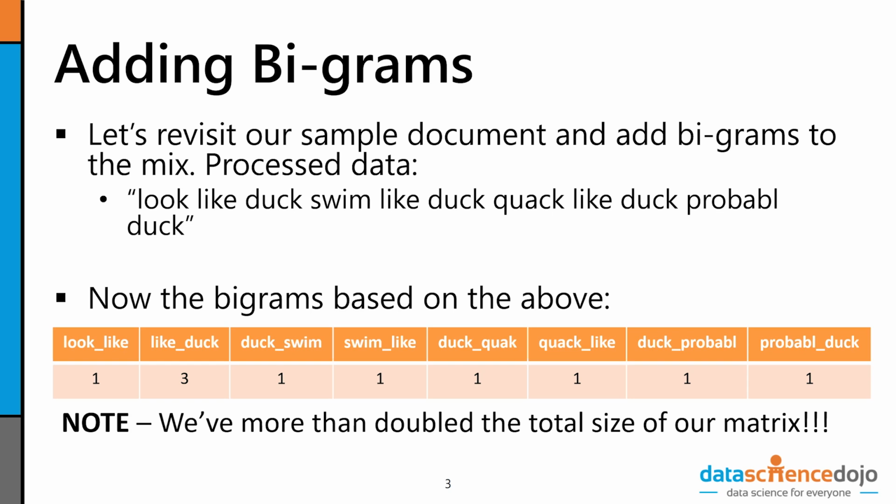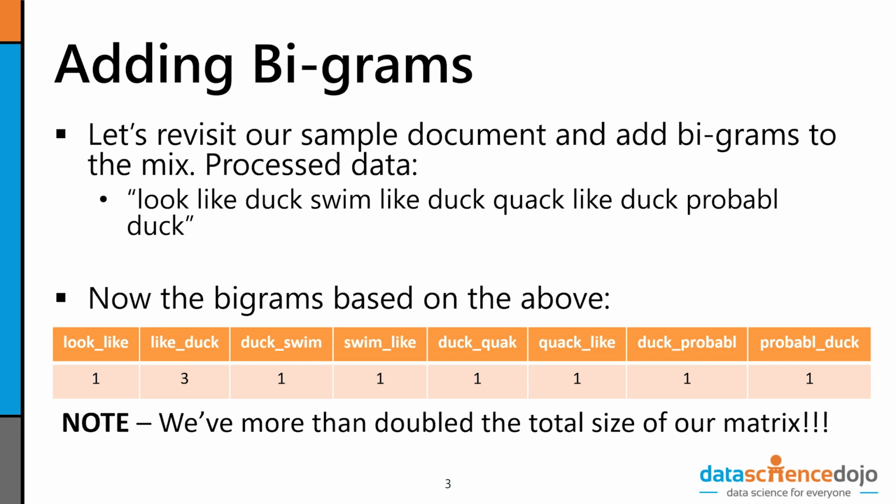If we add these bigrams, this collection of columns, to our original unigram model, we've more than doubled the total size of our matrix. If you recall, our original document term frequency matrix for this particular document was only 6 columns wide.